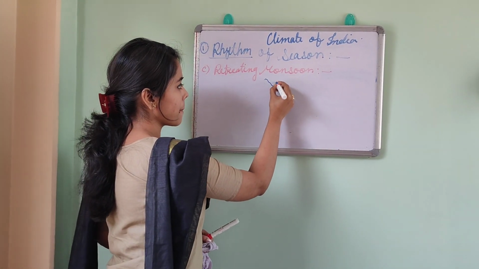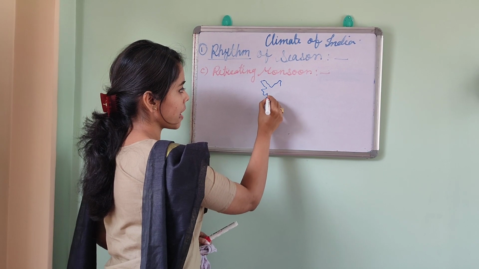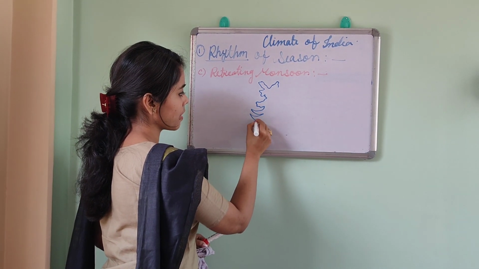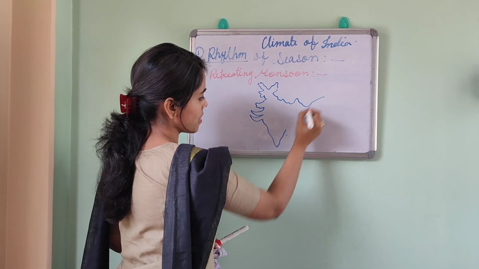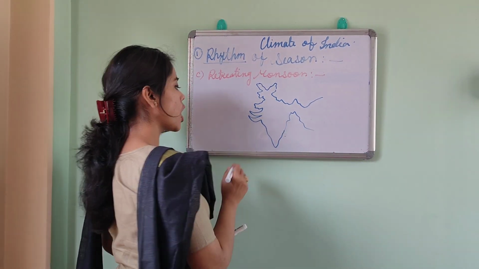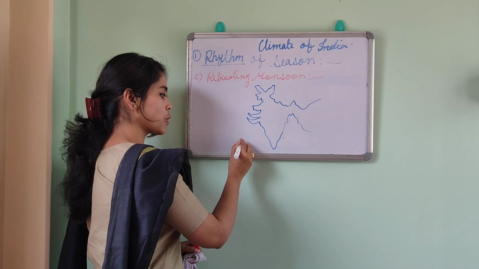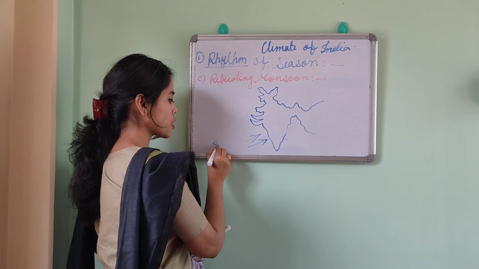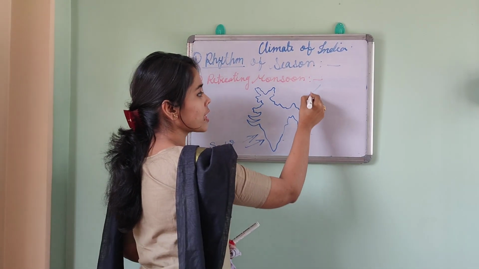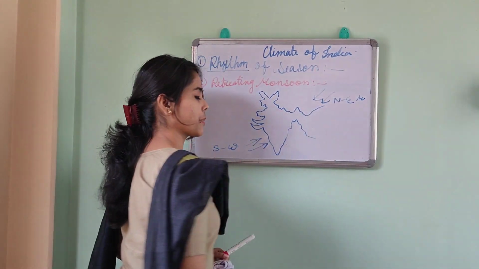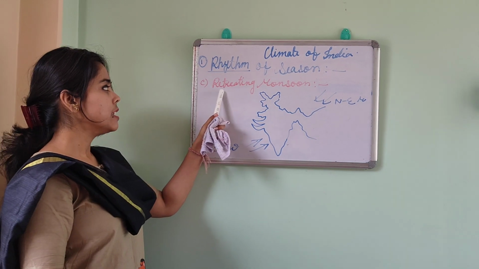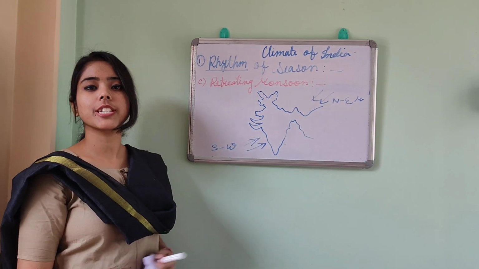Again, I am drawing India's map. So, we have already known that from the southwestern side, the southwest monsoon will come, and from the northeastern side, the northeast monsoon will appear. What about this retreating monsoon?